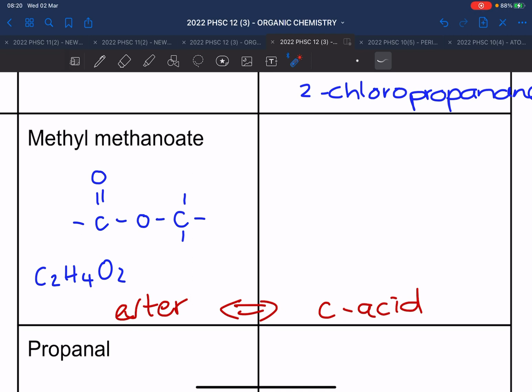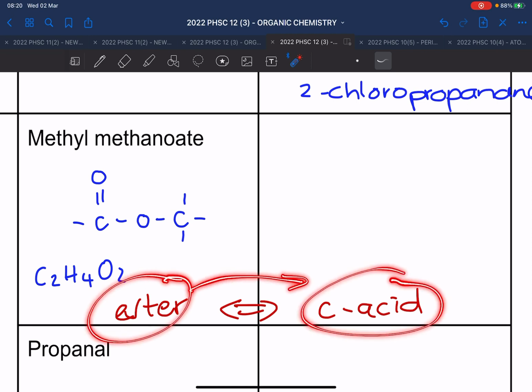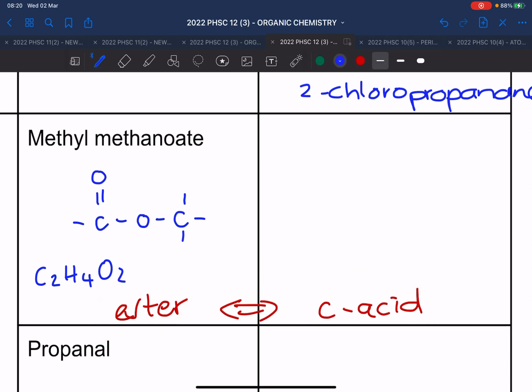Okay, right. So I'm going to say this again. If they ask for a functional isomer and they give you an acid, you immediately know you must draw a carboxylic acid. Okay, so you must draw a carboxylic acid now with the same number of carbons, hydrogens, and oxygens.